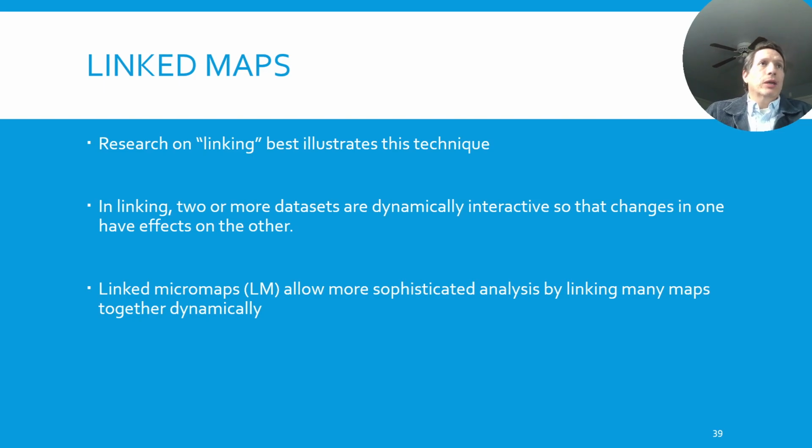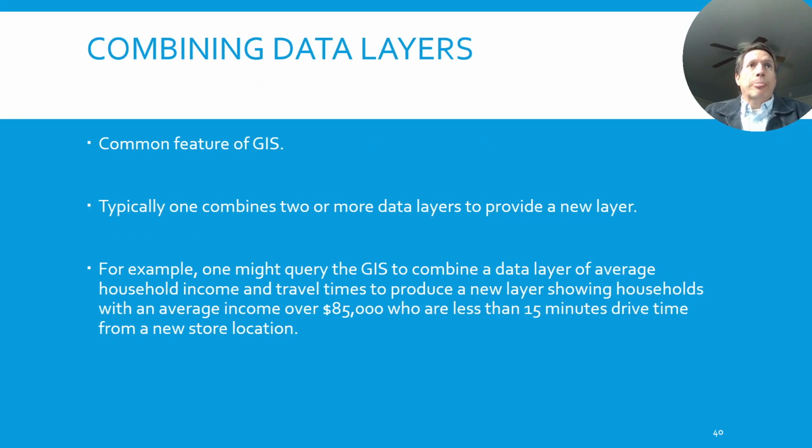We also have this concept of linked maps, where you can have 2 or more data sets that are interactive, and they can be presented in a map that is interacting. We can have combined data layers, which is a common feature in geographic information systems. And when you combine two or more layers, that's going to create a new layer.